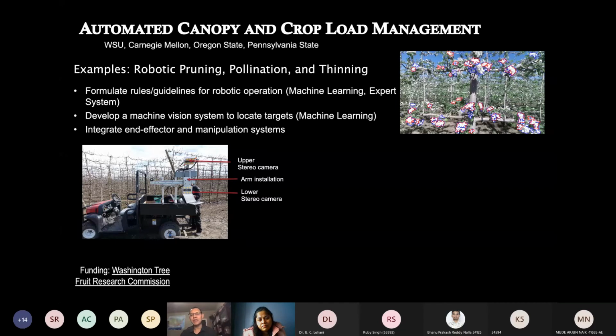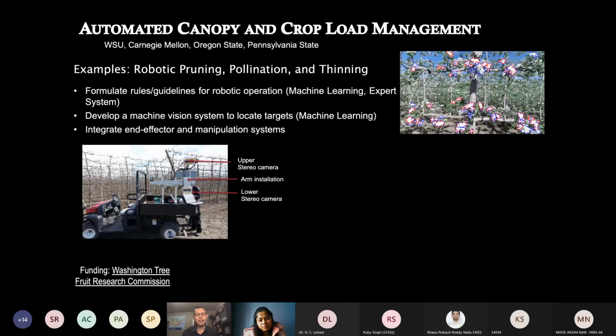We are developing machine vision systems that can image canopies in the dormant, flowering, and growing seasons. And we use deep learning and other machine vision techniques to identify the target objects that we'd like to identify. For example, if it is robotic pollination or thinning, we'd like to find and locate where flowers are.